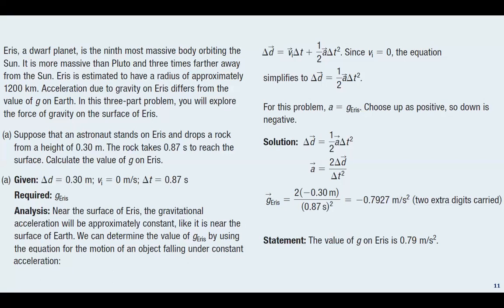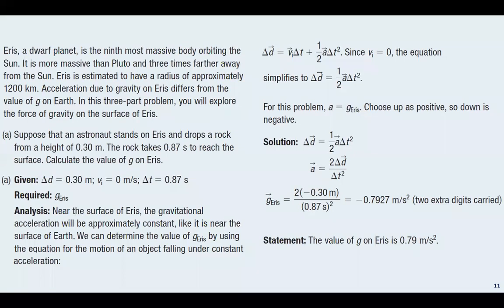So choose the direction up as the positive direction, and down as the negative direction. Then we will have delta d equals 1/2 times a times delta t squared. Then we can solve for the gravitational acceleration g_Eris, which is 2 times negative 0.30 over 0.87 squared, which is approximately negative 0.7927 meters per second squared.